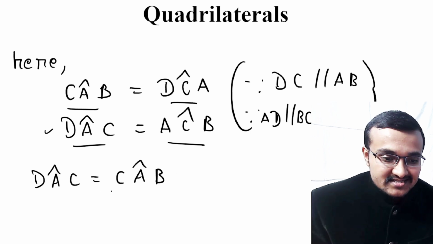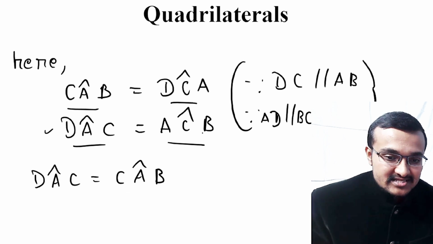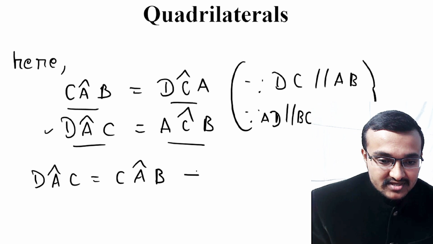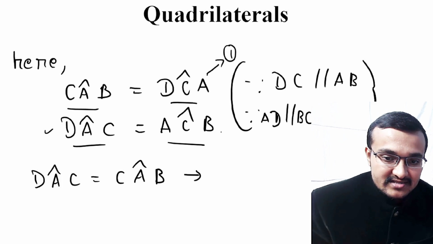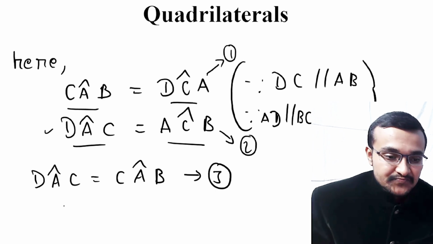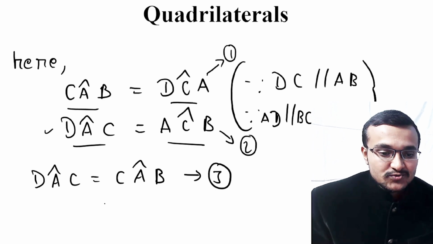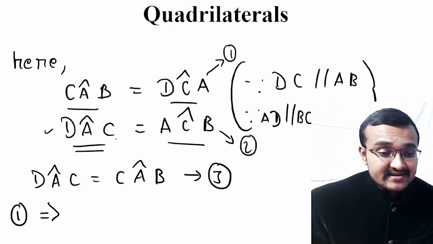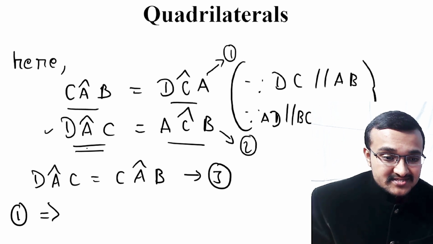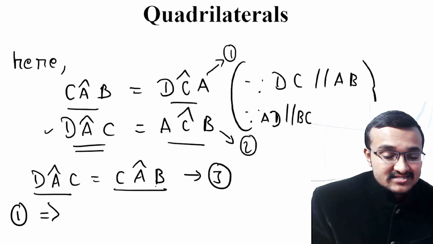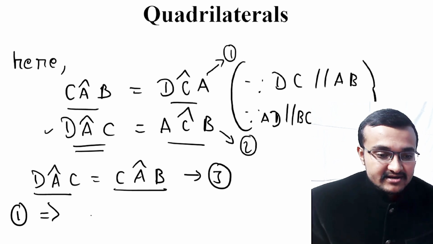So since DAC is equal to CAB and DAC is also equal to ACB, we'll call this particular equation equation 1, this one equation 2, and this one equation 3. Since DAC is equal to CAB, now I will rewrite the first equation. In the place of CAB, I'll write DAC, because DAC is equal to CAB, which they have already given.